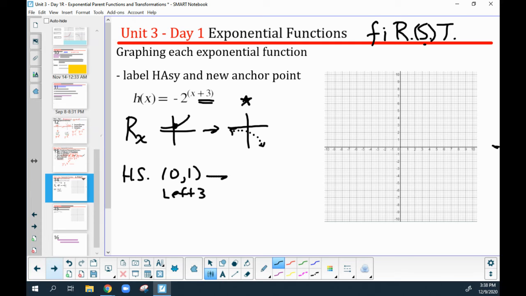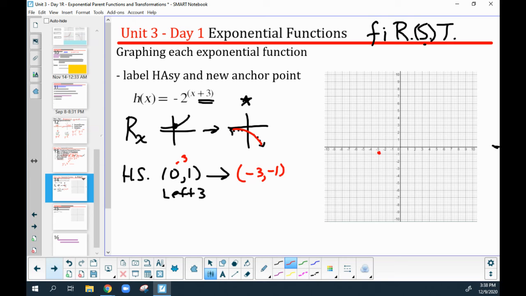So we're going to have to take that x value and shift it left 3. There's no vertical shift, so it looks like we're going to end up at (-3, -1) for our new anchor. So new direction, new anchor. Again, there's no vertical shift going on. So let's get that going right now.